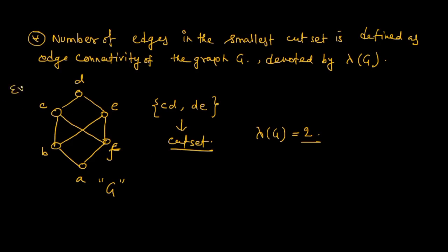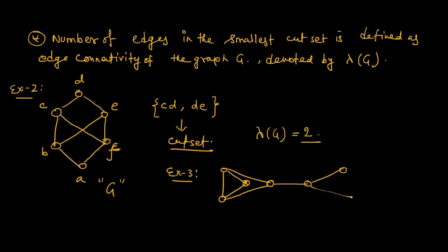This is one example, the graph that I previously considered. So this is example 2. Now suppose I am considering another example, example 3. Suppose this is the next graph you have. From here to here you have this, and from here you have another.